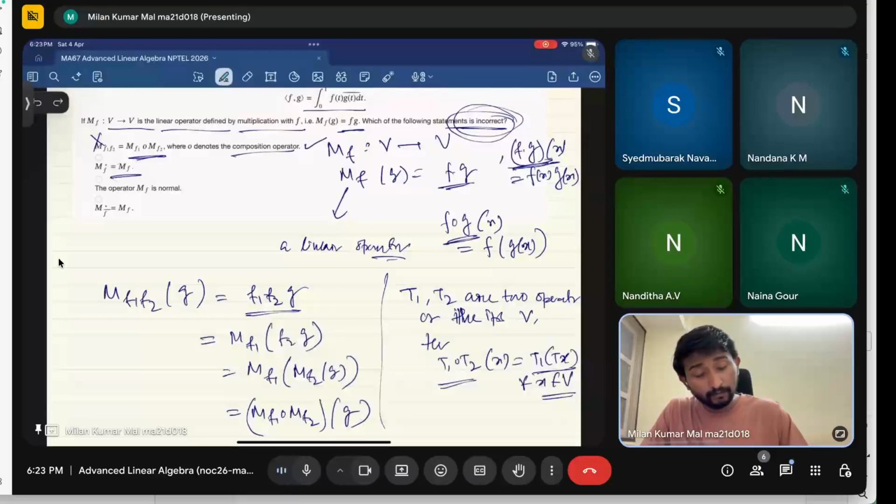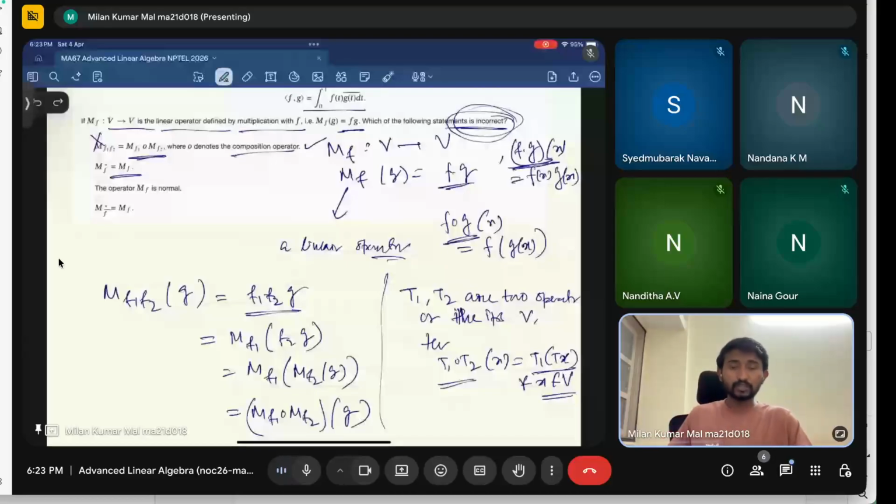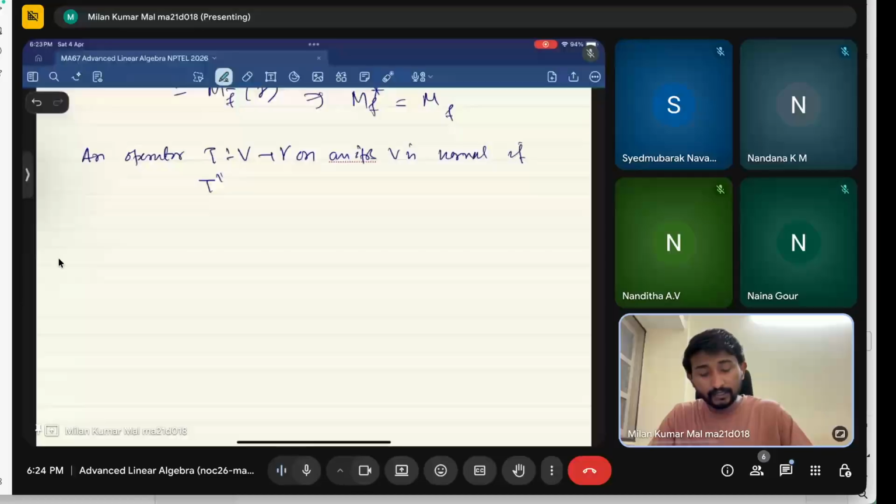An operator is normal if T star T is equal to T T star. That means T should commute with its adjoint. That is, T commutes with its adjoint.